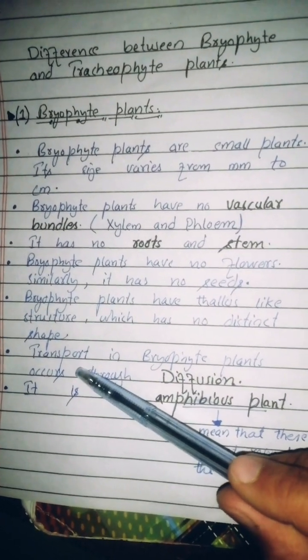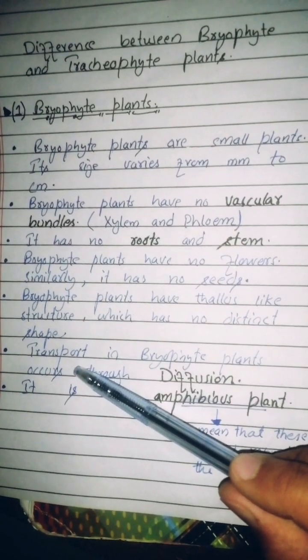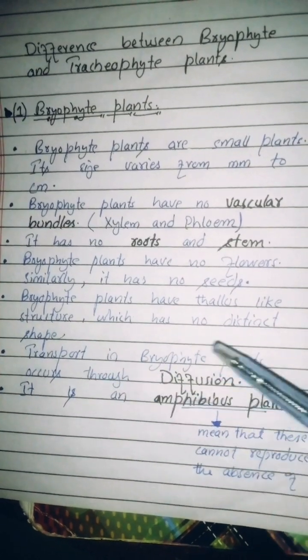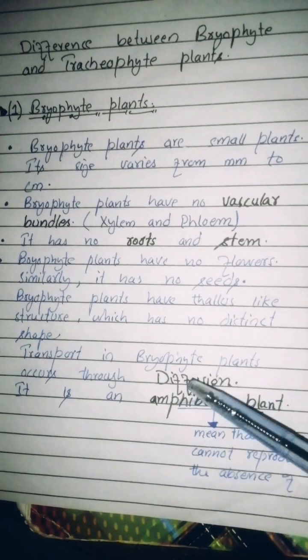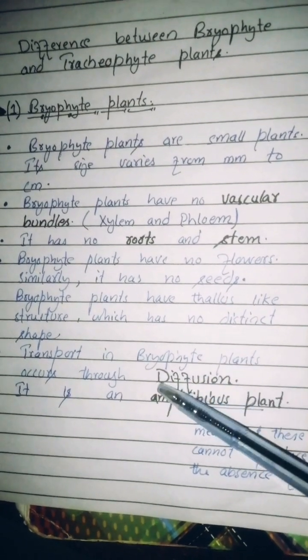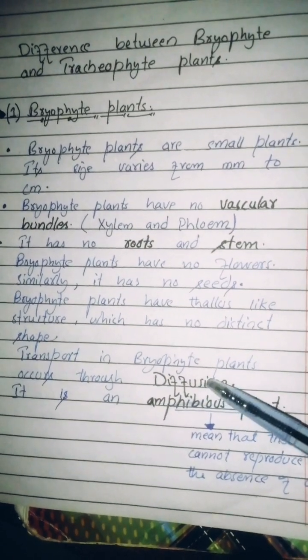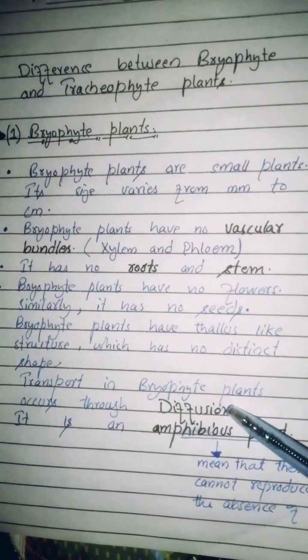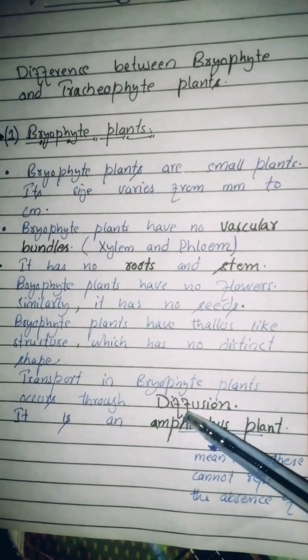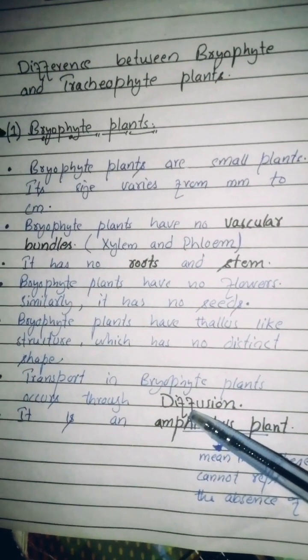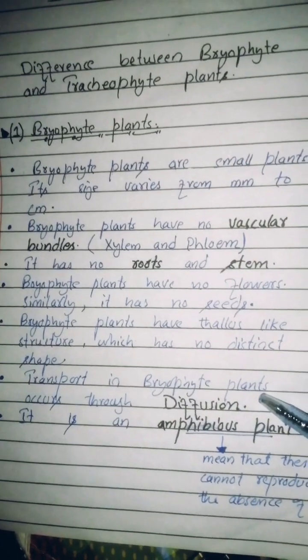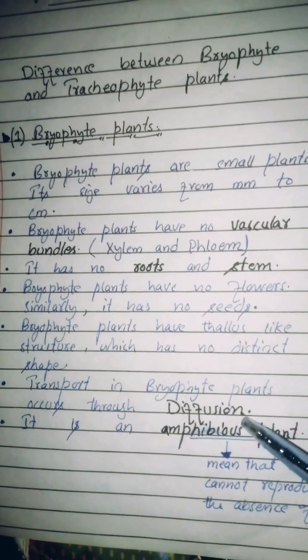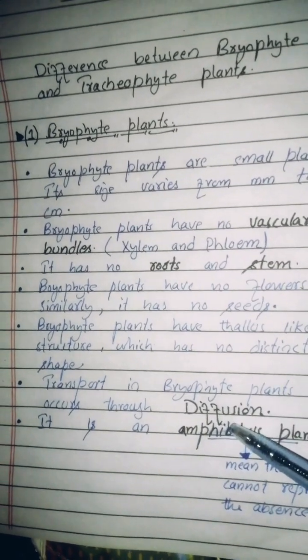Now, transport in bryophyte plants occurs through simple diffusion. What is diffusion? Diffusion is the movement of molecules from higher concentration towards lower concentration. So in bryophyte plants, transport occurs through the phenomenon of simple diffusion.